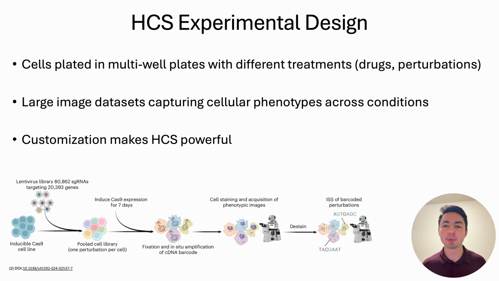Any number of phenotypes can be studied using different combinations of dyes or image features. When you consider these, the possibilities for assaying even highly complex phenotypes are truly endless.